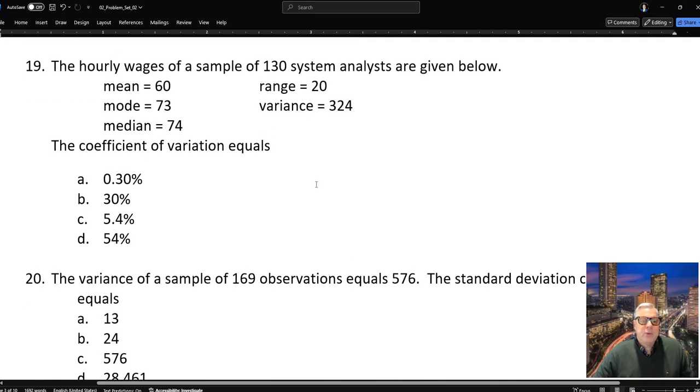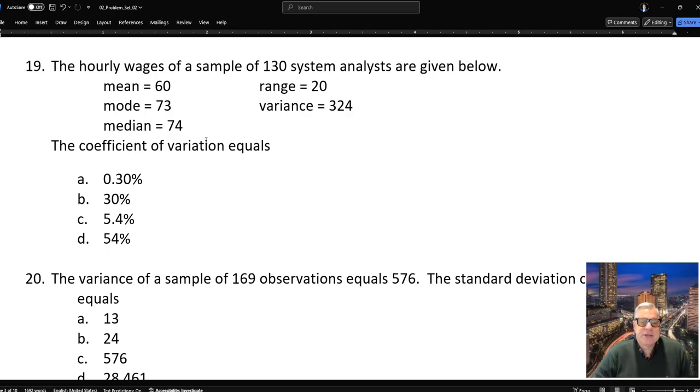Okay, so the hourly wage of a sample of 130 system analysts is given below. The mean is 60, the mode is 73, the median is 74, the range is 20, and the variance is 324. So the coefficient of variation is defined as a relative risk measure which captures the ratio of the standard deviation relative to the mean.